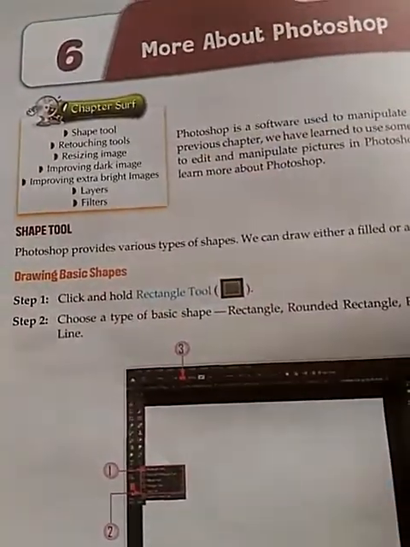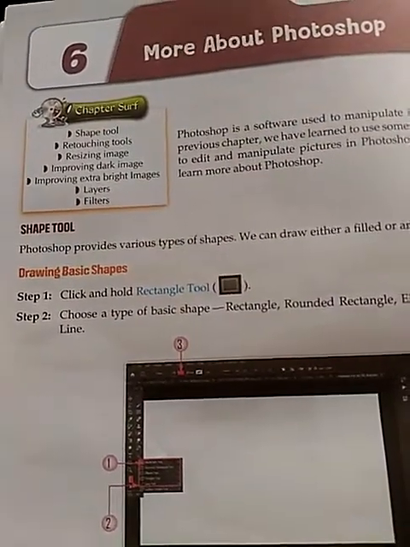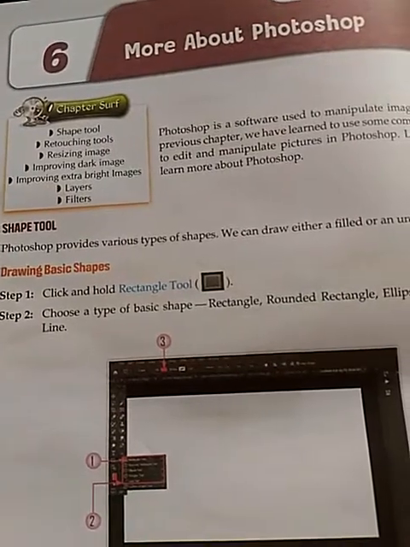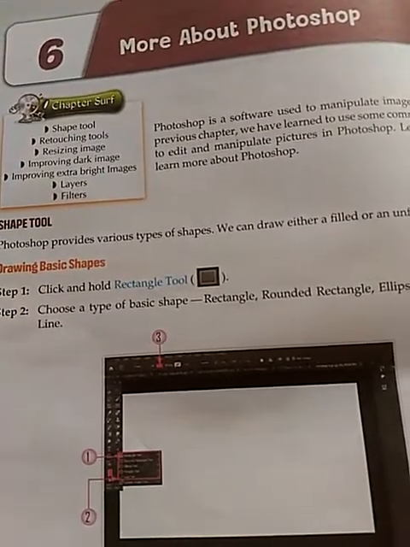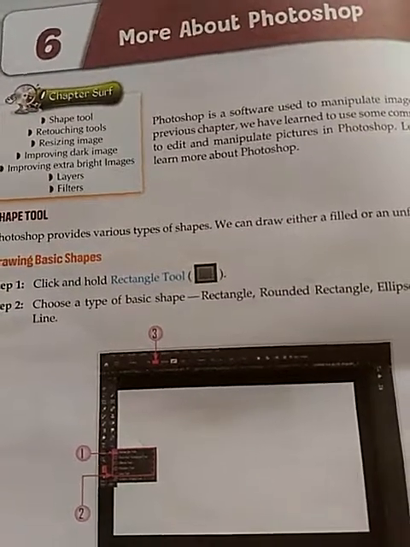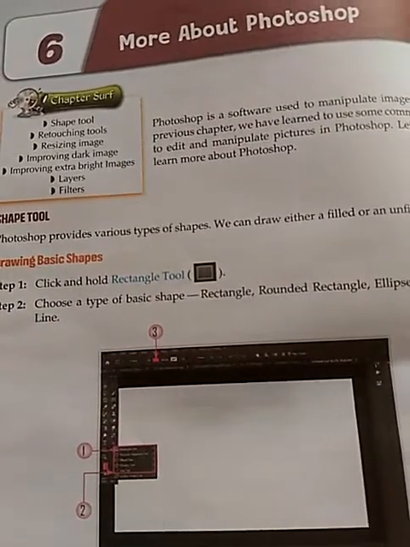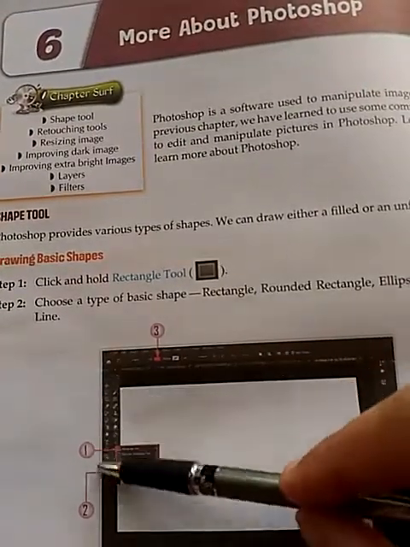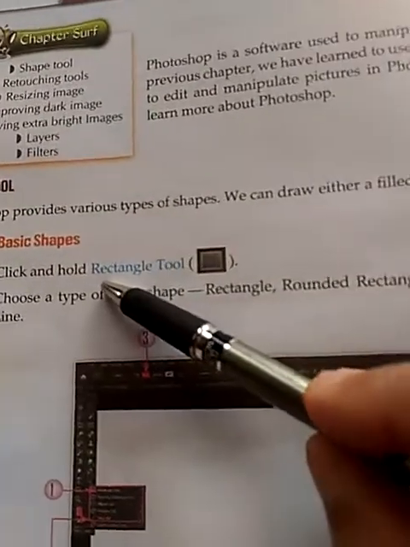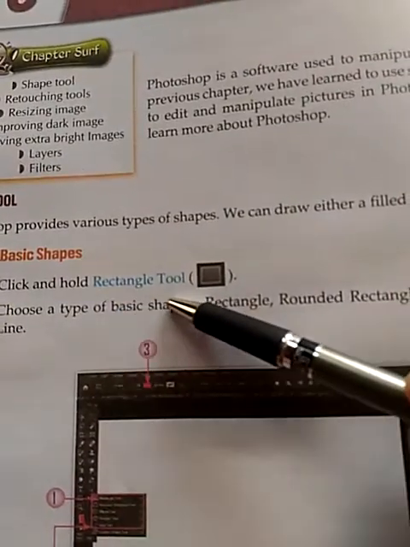Shape tool. If we want to insert a shape in a Photoshop image, then how can it be done? First, you need to start Photoshop. After that, on the toolbar area, you will find the rectangle tool.